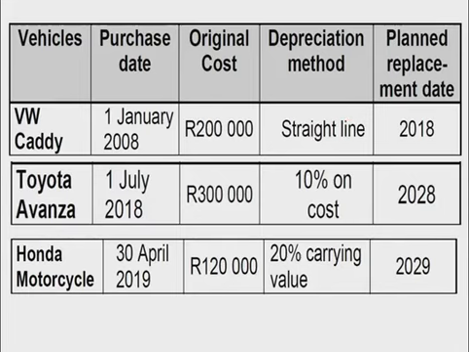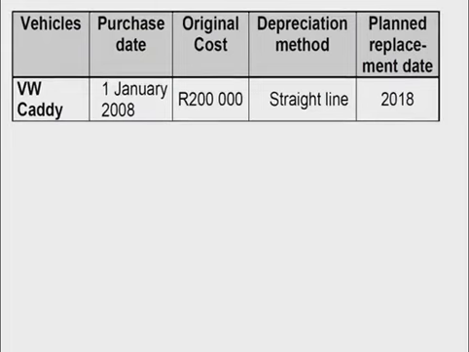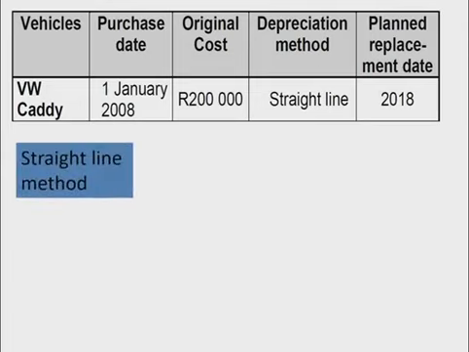So if we're looking at 2.1, for example, they're asking us, explain what the straight line method is. Okay, so that's for the caddy. We bought it in the year 2008. We're going to replace it in 2018, and we're going to depreciate it according to the straight line method.